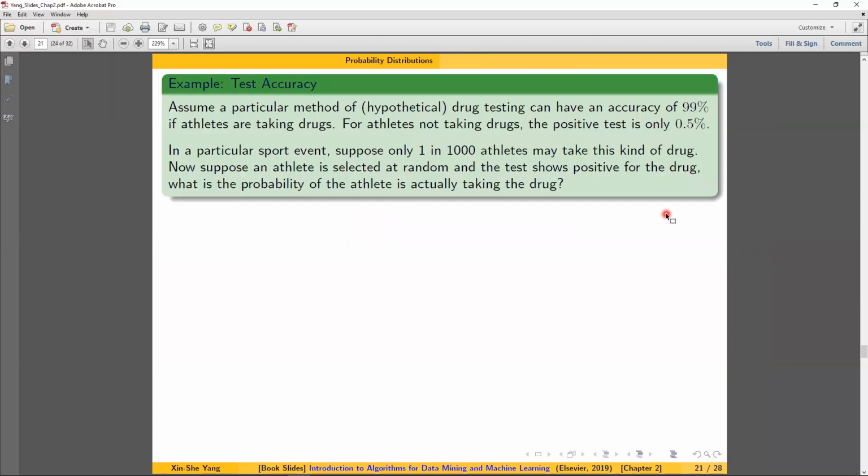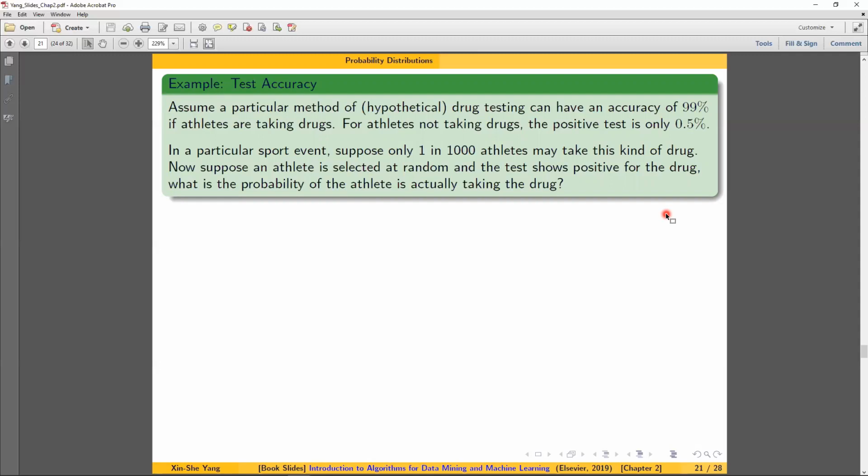So we use this example to go through what we just discussed, the Bayesian rule with complement discussion. Assume that a particular drug testing method can have an accuracy of 99% if athletes are taking drugs. For athletes not taking drugs, the positive test rate is only 0.5%.